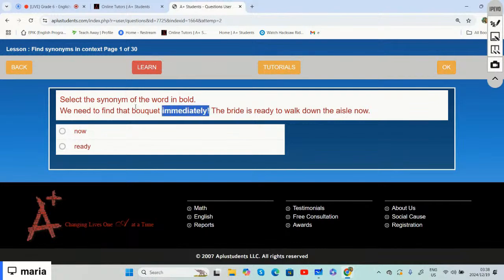We need to find the bouquet immediately. The bride is ready to walk down the aisle. So immediately, is it option one, now, or option two, ready? Which one is correct?